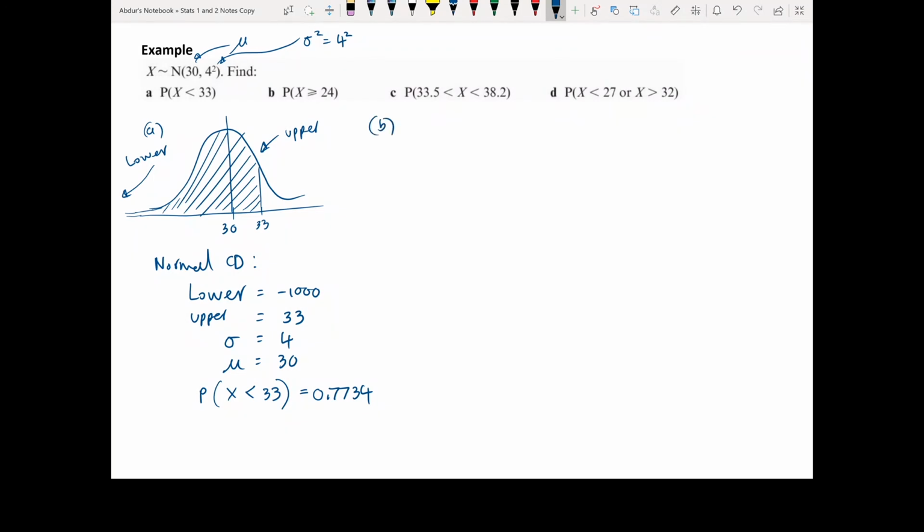Part B of the question asks us to work out the probability that x is greater than or equal to 24. Again, I will start off by first of all drawing a bell curve. My mean is 30. I'm looking at 24 and greater than or equal to 24, so I write down 24 in the appropriate section, and I'm interested in all of this area.